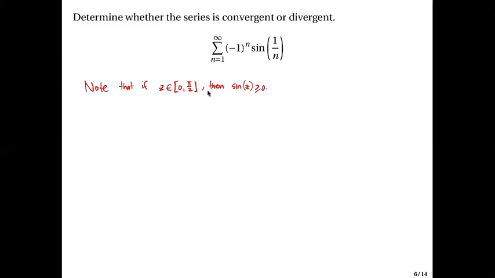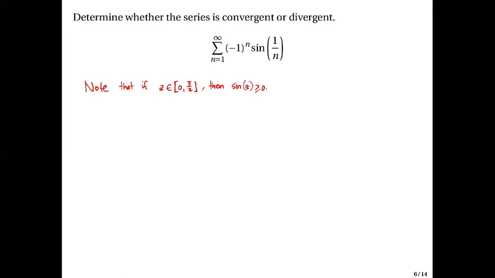But pi over 2, what is it? It's approximately equal to 3.1415 divided by 2. So pi over 2 is greater than 1.